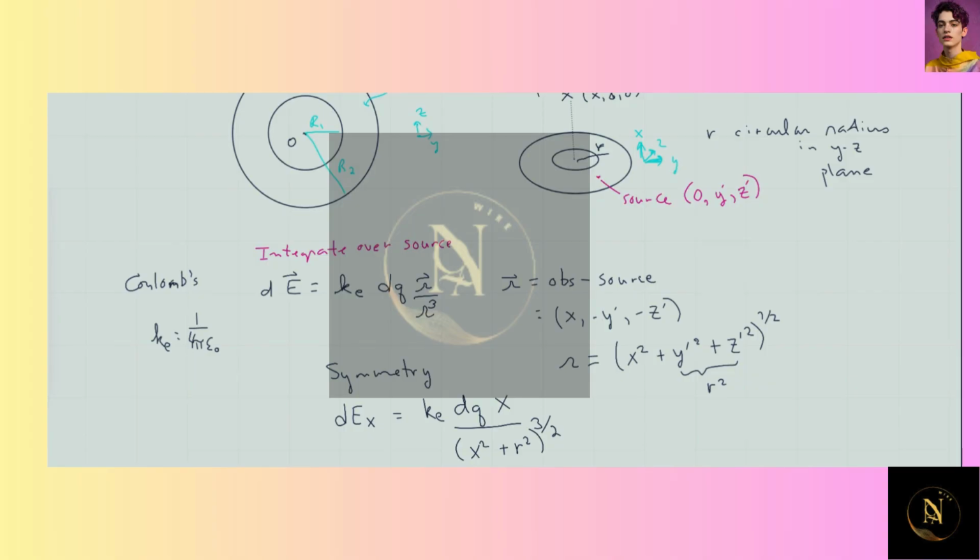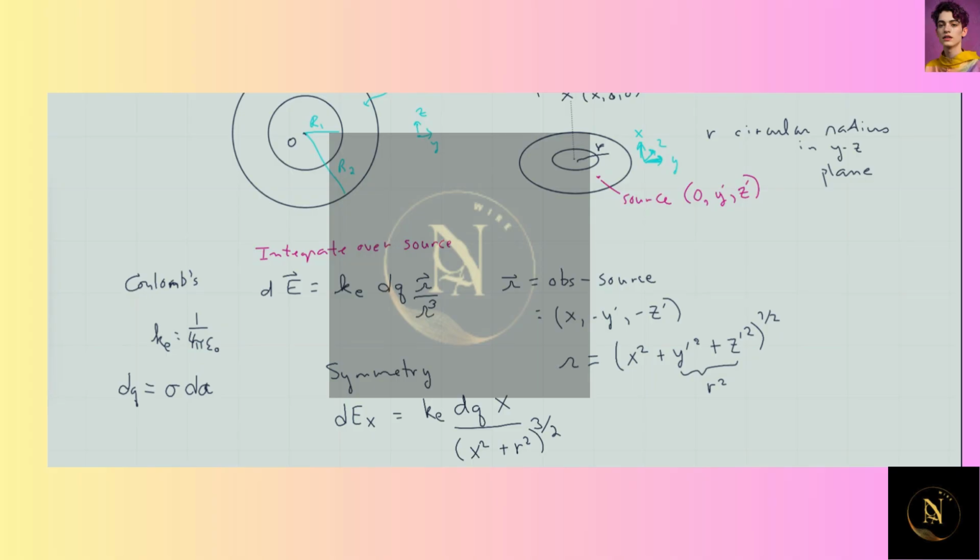And we're almost there. Usually, since it's a continuous distribution, you can write dq in one of three ways: with a linear charge density times a linear coordinate, a surface charge density times a differential area, or, if it is a solid object, a volume density times a d volume.